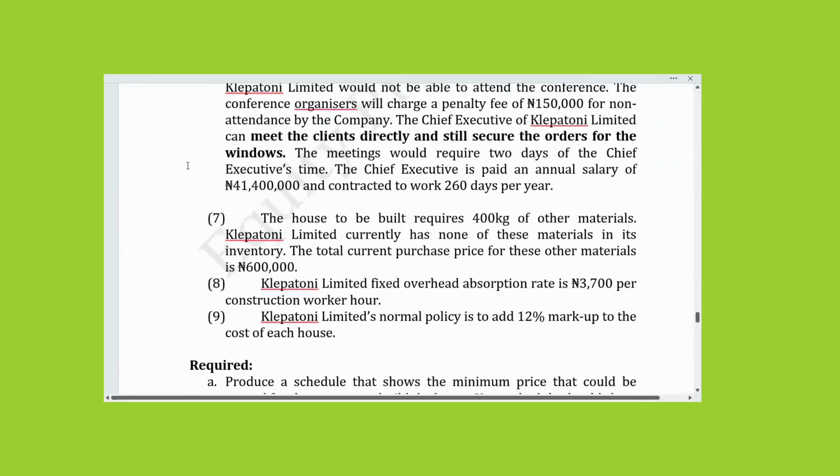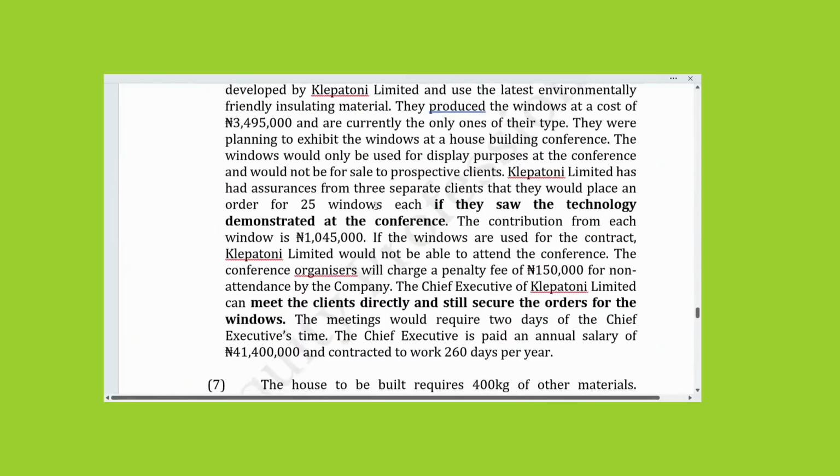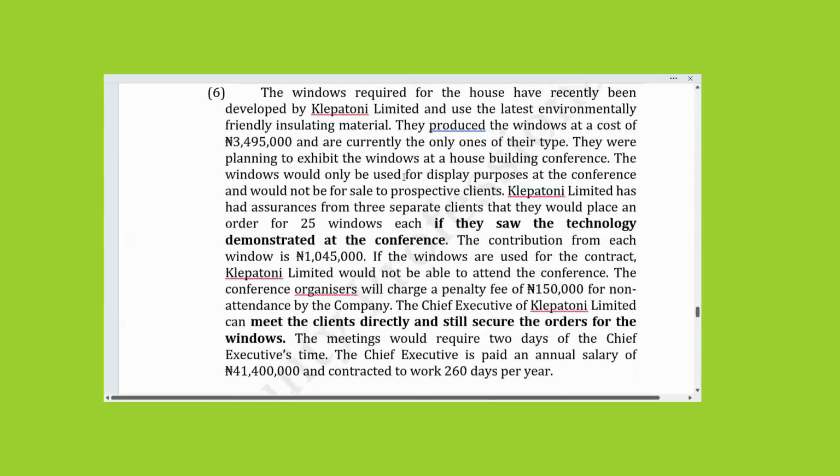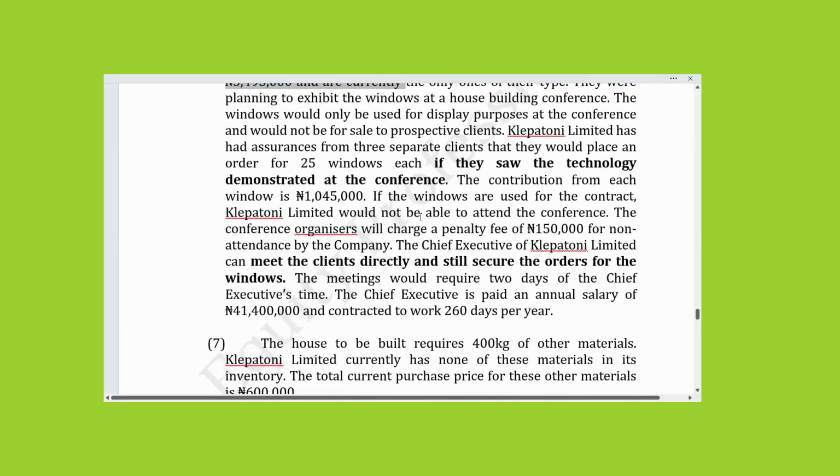Next item, number 6, is the longest paragraph. Okay, in this number 6, we said that the company produced the window at a cost of 495,000 naira. And we said that's a sunk cost. We ignore it. All right. We also said that the only relevant cost is the penalty fee of 150,000 naira.